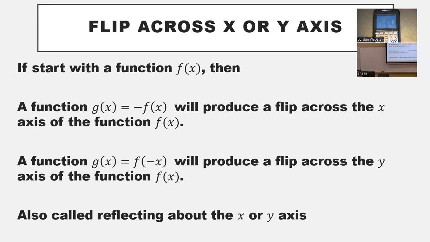When I negate the output, we flip across the x-axis because we go from positive y's to negative y's, or vice versa. When I put a negative with the input, then we flip across the y-axis, because a flip across the y-axis is flipping the x values. Does that make sense?